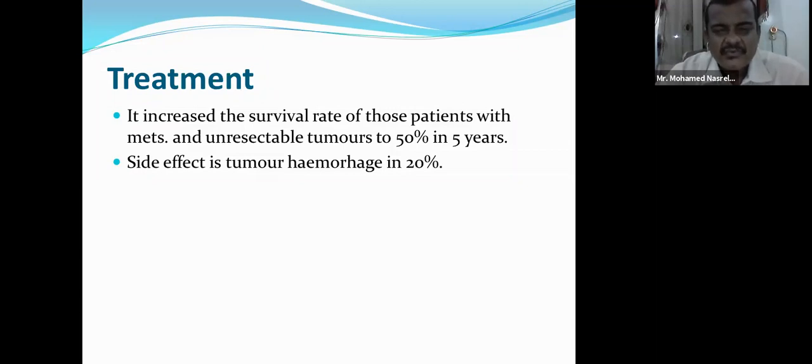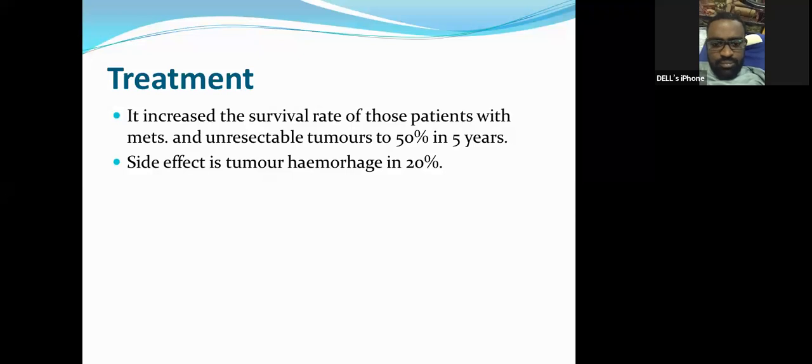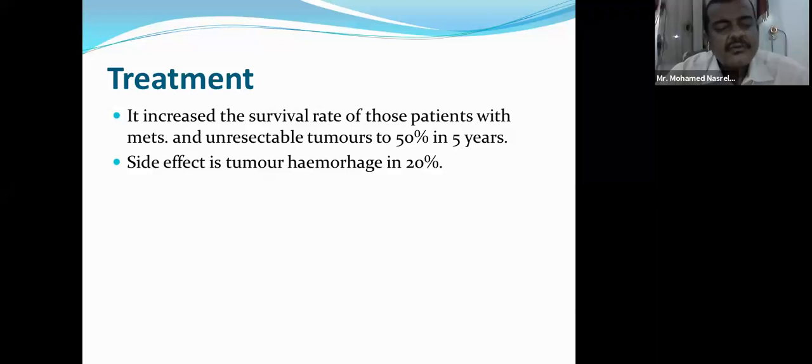Using imatinib for those patients increases the survival rate to 50% in 5 years, which is very good. A side effect of imatinib is tumor hemorrhage, and it takes place in 20% of patients.